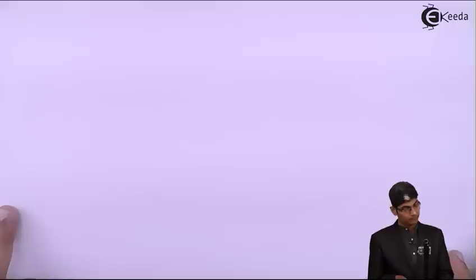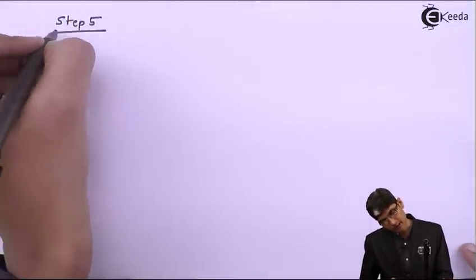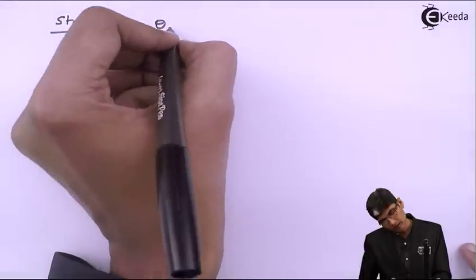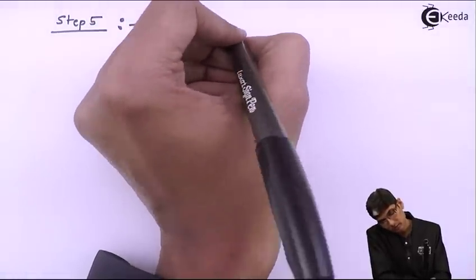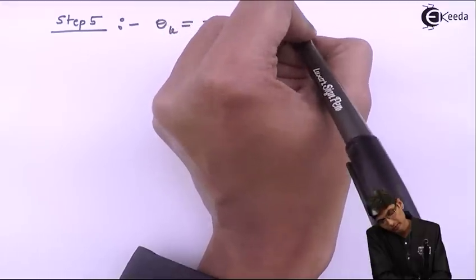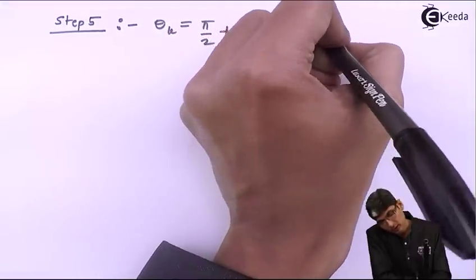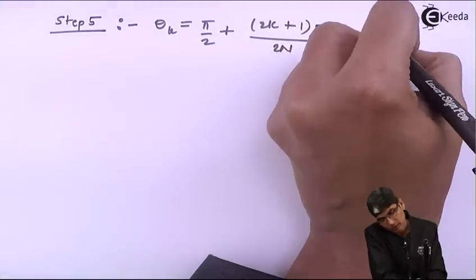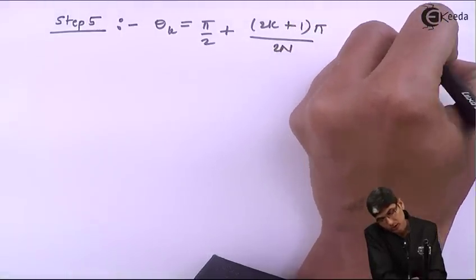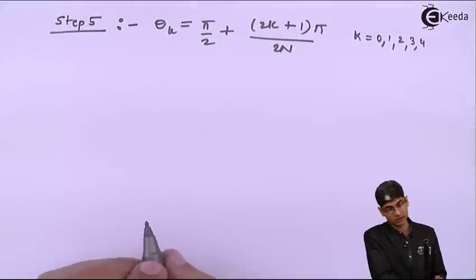Now with this capital R and small r, let us go to step 5 and find theta k, which is pi by 2 plus (2k plus 1) divided by 2n into pi. Here k will go from 0, 1, 2, 3, 4, because it is n minus 1 and n is the order of the filter.